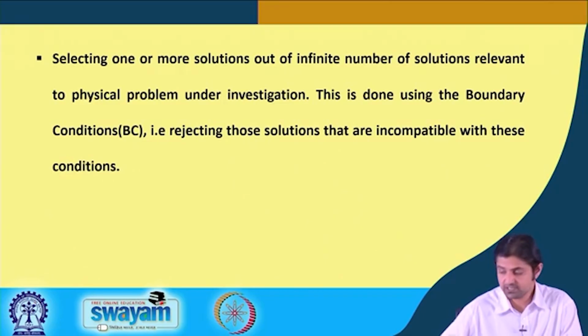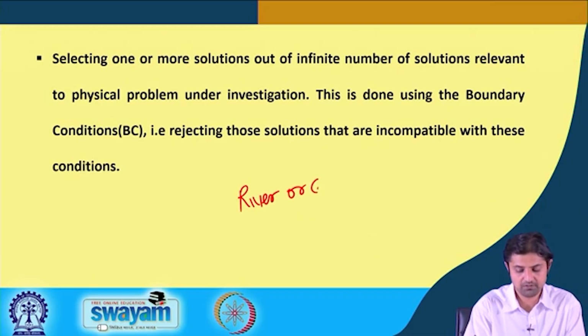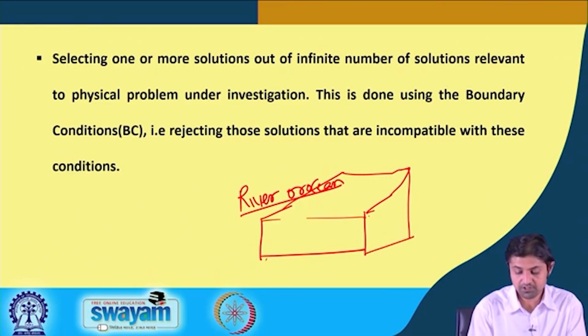A very simple example is, let us say, a river or ocean or wherever, and we say a part of the river or ocean, the channel. So, this is something like this where the flow is coming like this.